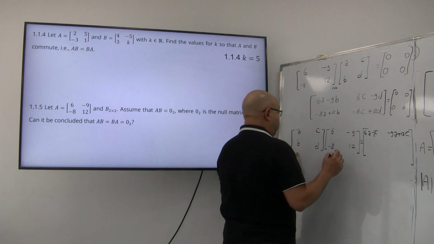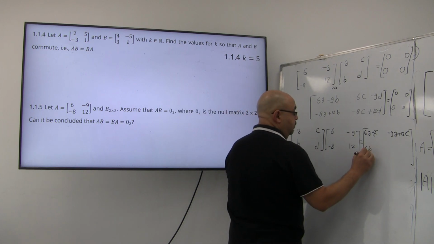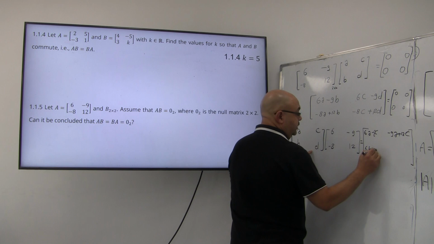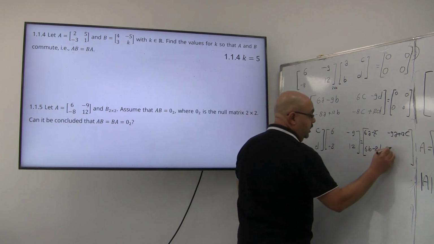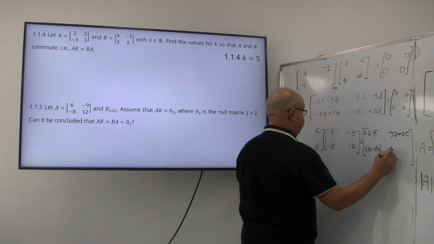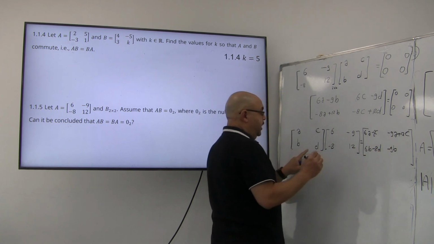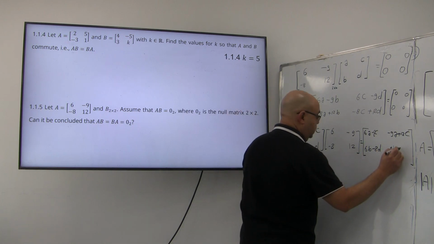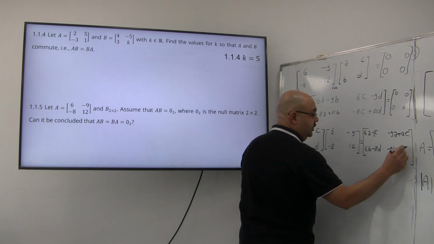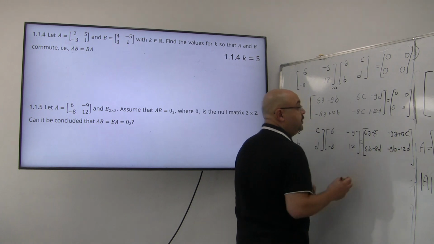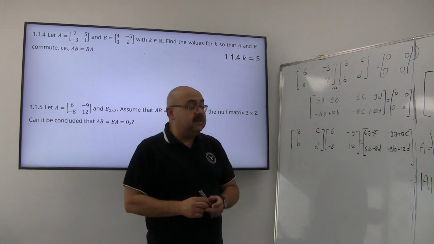The other one is going to be 6B minus 8 of a D. The last one is going to be negative 9B, then plus 12 of a D.